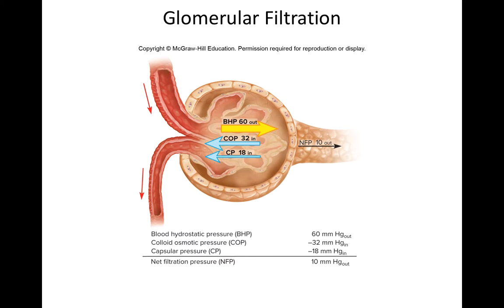Okay. So it's imperative that we maintain this filtration here. This is how we get rid of all the waste products in our blood. If for some reason we can't exceed these pressures here, then filtration is going to stop, and that's going to put us in a really bad place. Also make a note, anatomically, we have a large afferent arteriole and a small efferent arteriole.